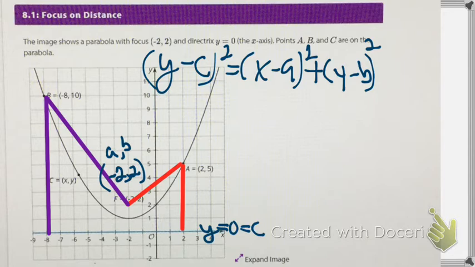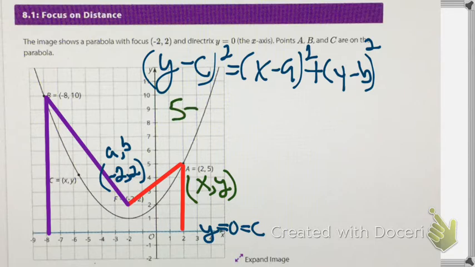But here's what we got. If we look at the red side here, this is from the focus point to the point on the curve. We're going to check how that looks with our formula. So that means y minus c. Our point on the curve is our x and our y right there. So that's 5 minus c.